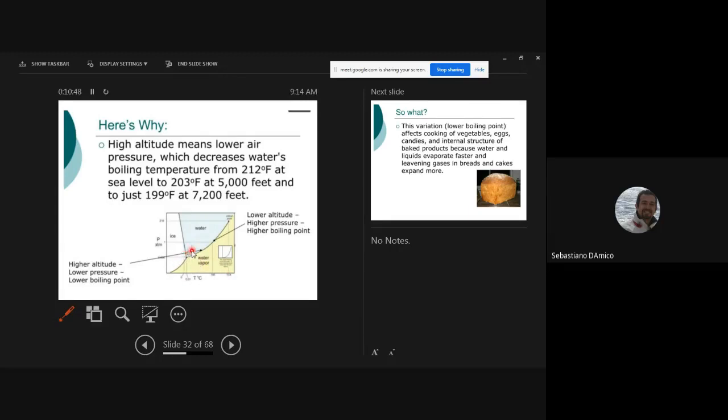If pressure increases here, we do have an increase also of temperature here, okay? So that's how this kind of instrument will work.